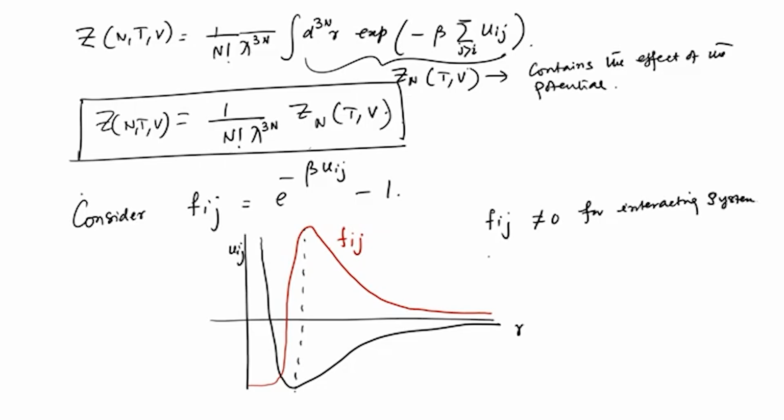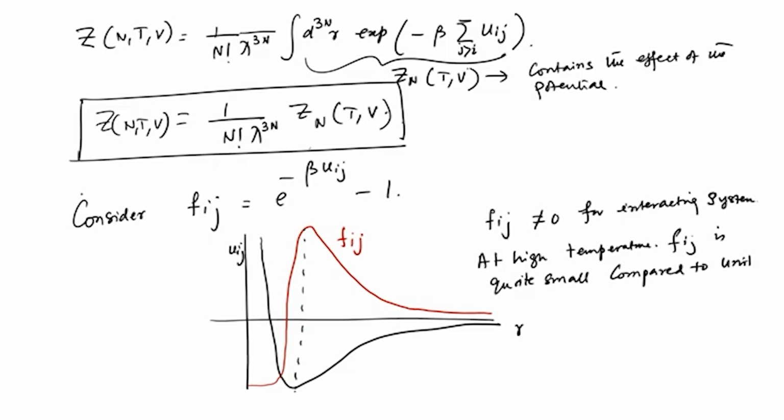But there is something interesting here: at high temperature, f_ij is quite small compared to unity. So what I mean is that f_ij at large temperature is a small quantity.